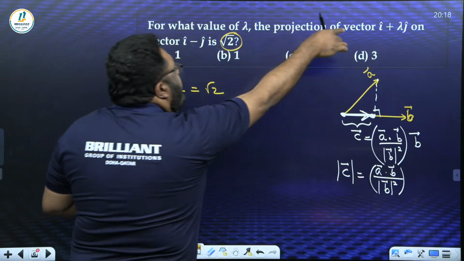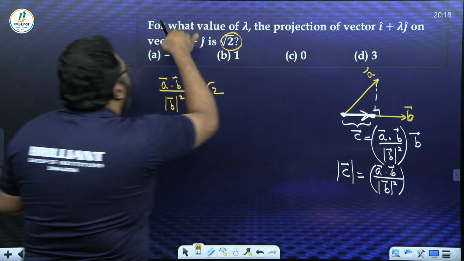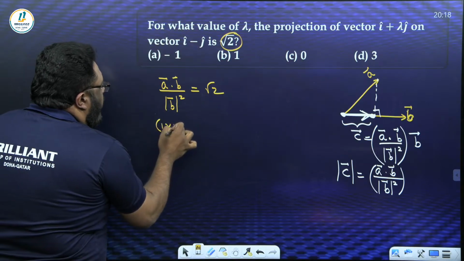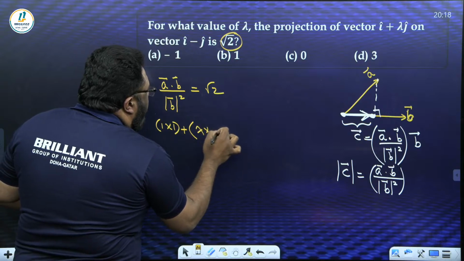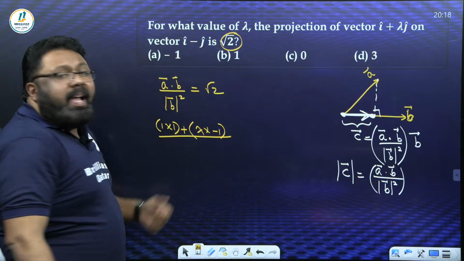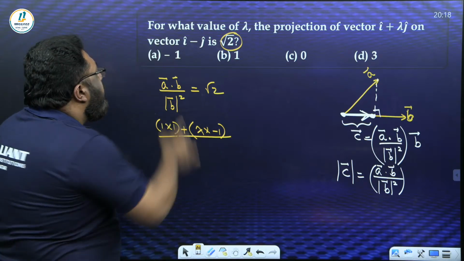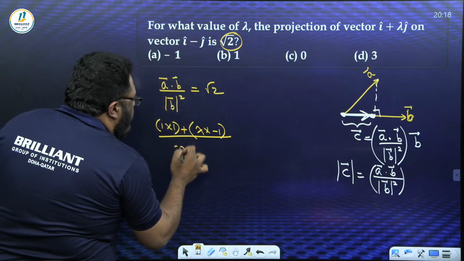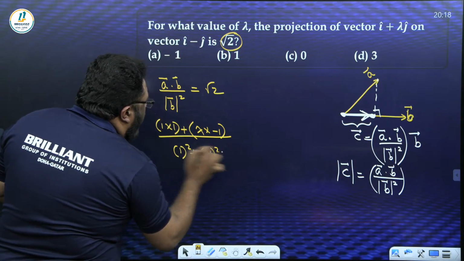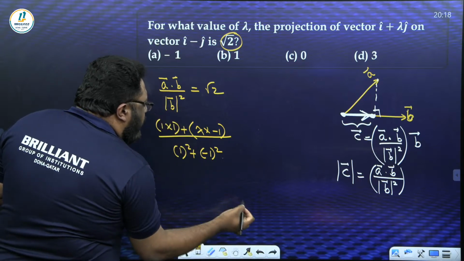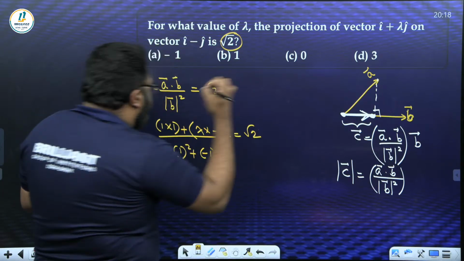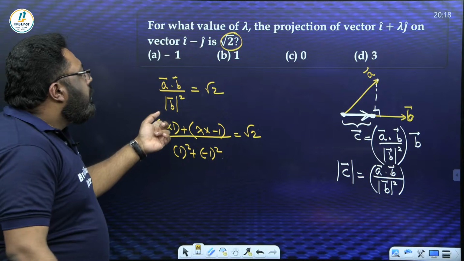All of you take the dot product, 1 into 1 plus lambda into minus 1 divided by magnitude of B, that is 1 squared minus 1 squared square root, but it's being squared, so I can remove the square root, is equal to root 2. Okay, clear all of you?